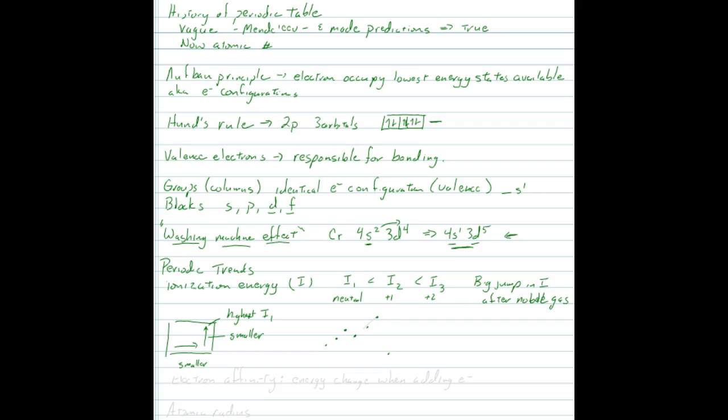So there's an increase in the energy, it hits half full, drops down a little bit, increases more until it's full, drops down, and repeats the pattern over and over again.